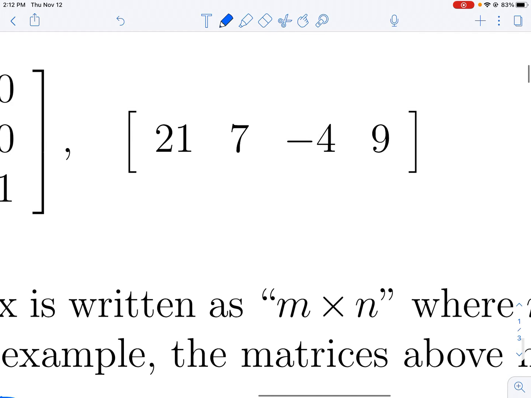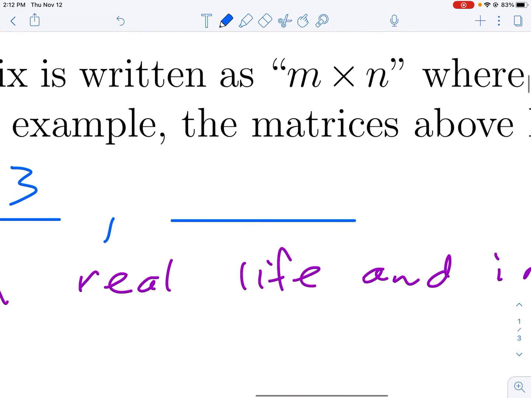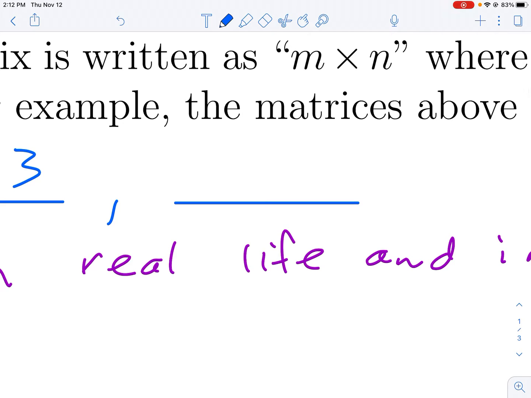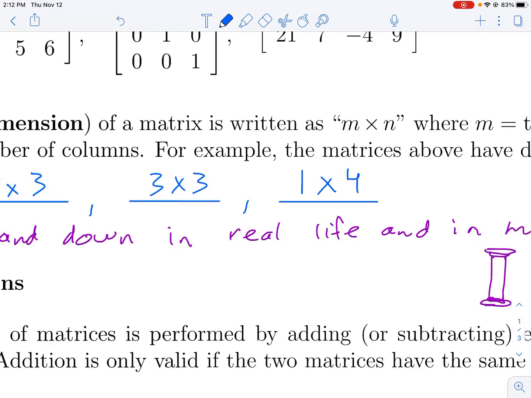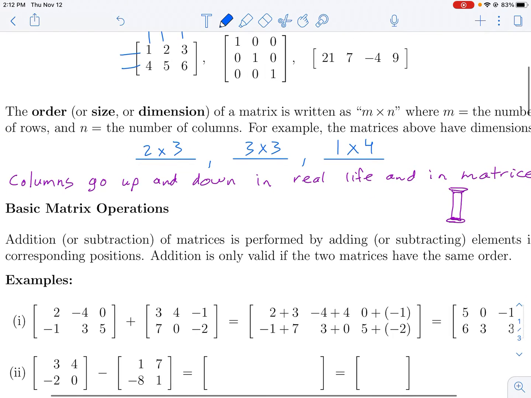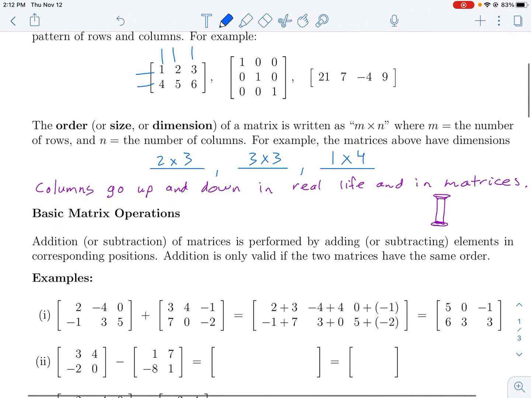It's skinny, but it only has 1 row going across, but it does have 4 columns of entries. Even though there's not very many things in the columns, it's still columns. So this is 1 row by 4 columns. So remember, rows go first, and then columns, and columns go up and down, just like in real life.